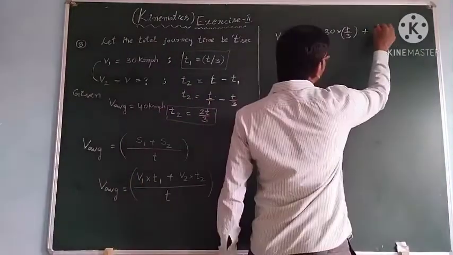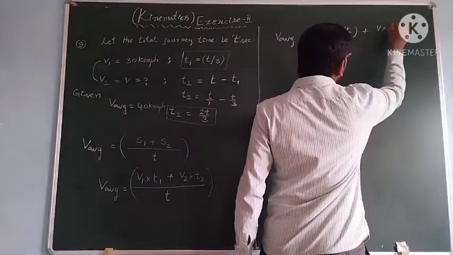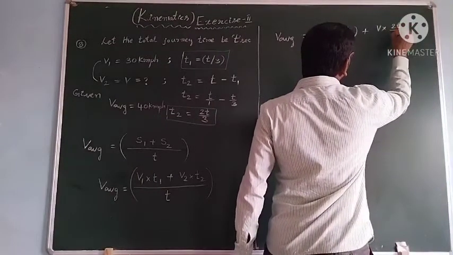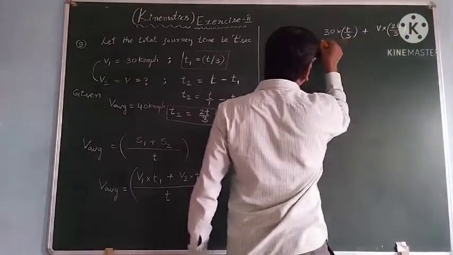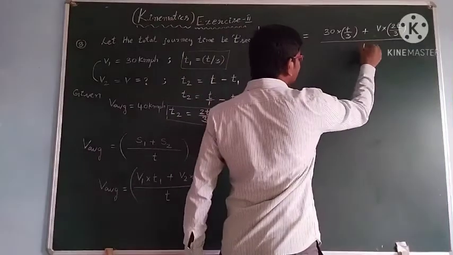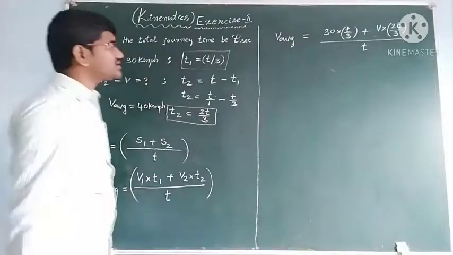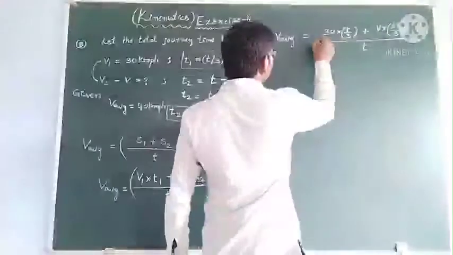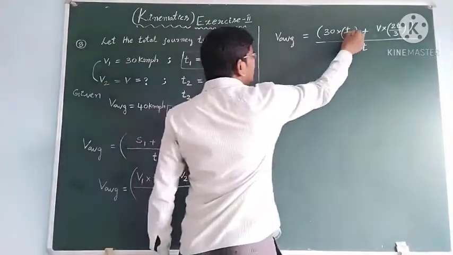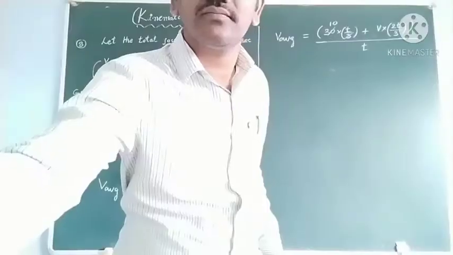By the total time, T seconds, that is T1 plus T2, which is T. Students, with the 3 it gets cancelled.